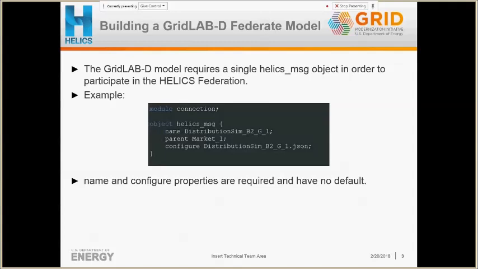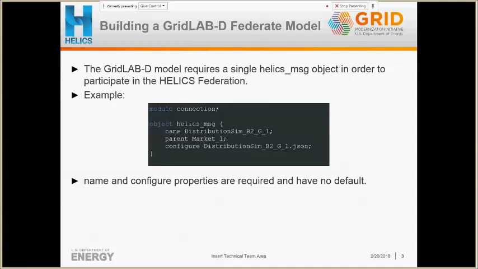So when creating a GridLAB-D model where you want to enable Helix federation within the model, there's only one object that you need to add to the GridLAB-D model. That is the helix_msg object, shown here.